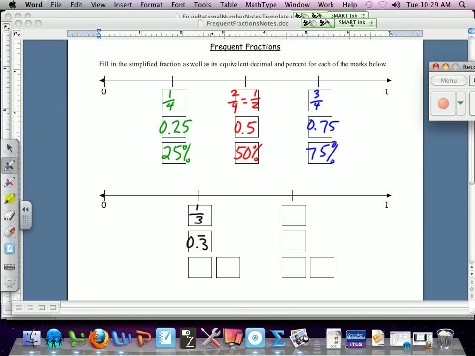And this bar notation we're going to have in our notes very soon. So 0.3 with a bar over the 3 means 0.33333 forever and for always. As a percent, again, a lot of people think 33%, same as 1/3, not exactly. It would be 33 1/3%, or 33.3 repeated percent.